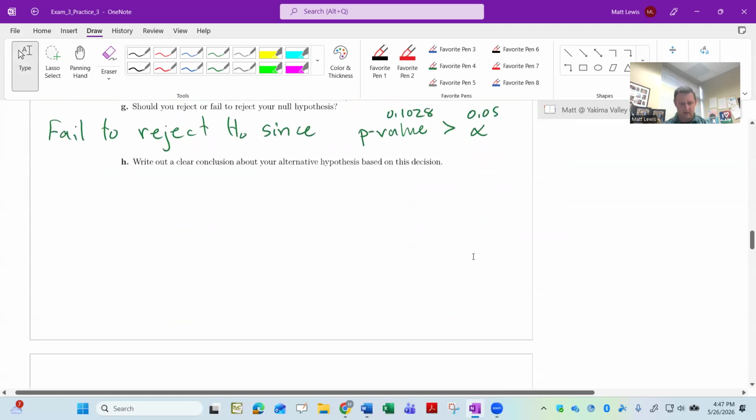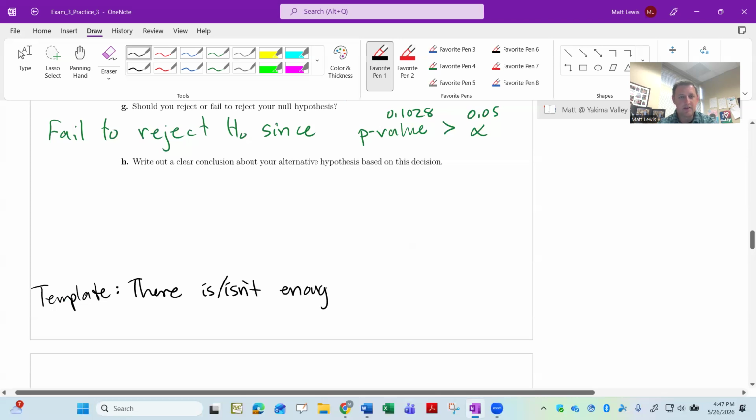Okay. Down at the bottom here, I'm just going to remind you of the template that we're always going to use here. This is not my answer. This is the template we want to use. There is / isn't enough evidence to suggest that the alternative is true.